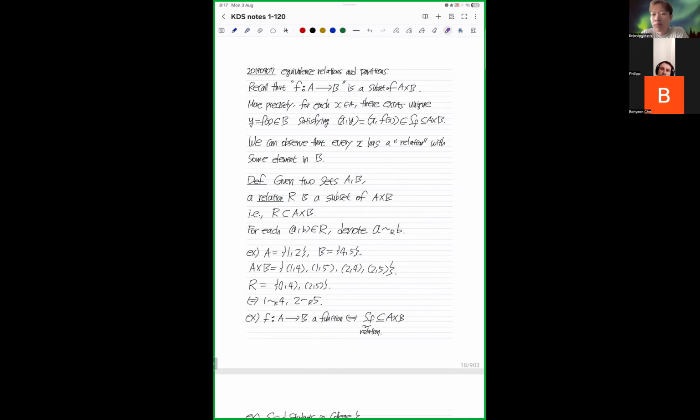It has to be mapped uniquely. So two different elements of the first set can map to the same element in the second set, but one element in the first set cannot be mapped to more than one element in the second set. Yeah, I think it makes sense.